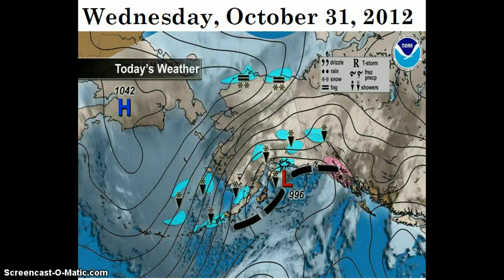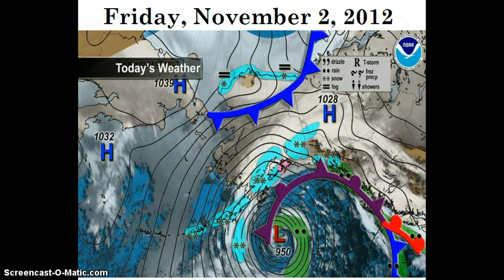And then moving on to the 31st, there was a weaker low pressure system influencing Kodiak moving through here, but again we've got these barriers indicating that pressure system, with some snow showers moving forward through there. Taking a look at the 2nd of November, there's definitely a strong low pressure system influencing Kodiak's weather.